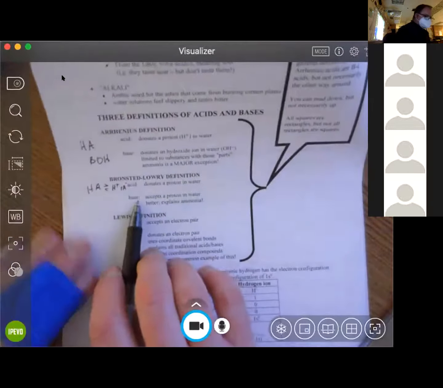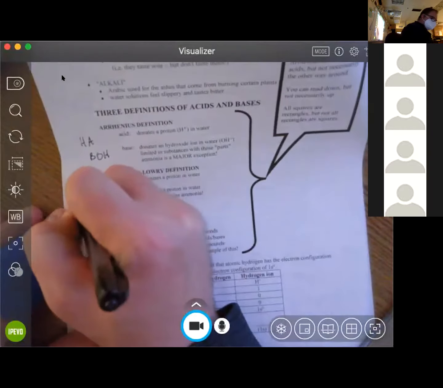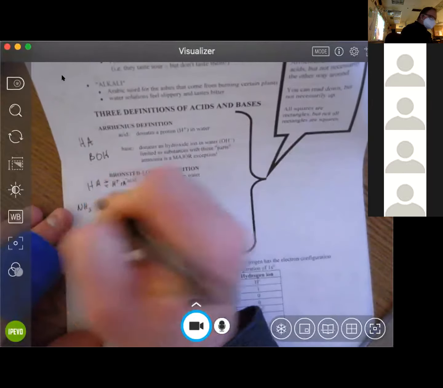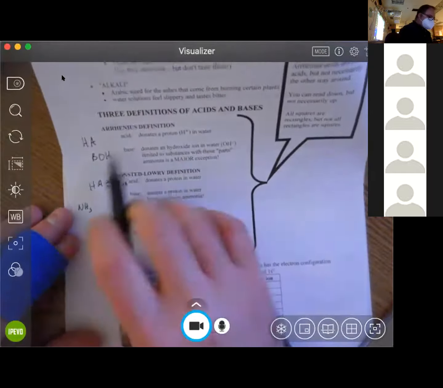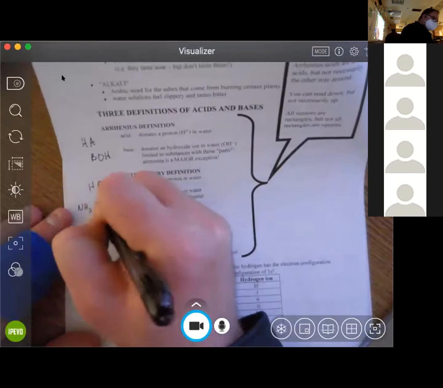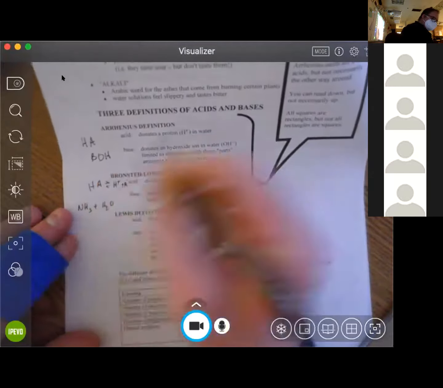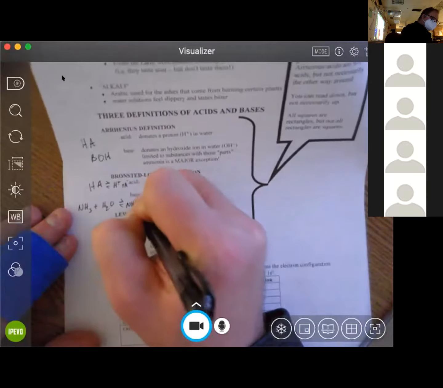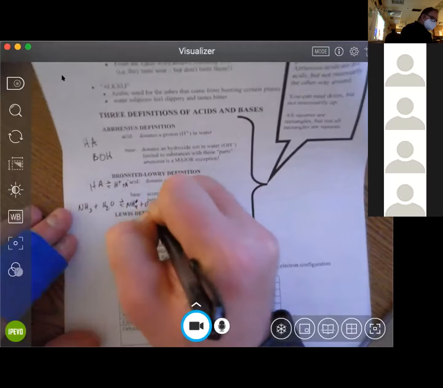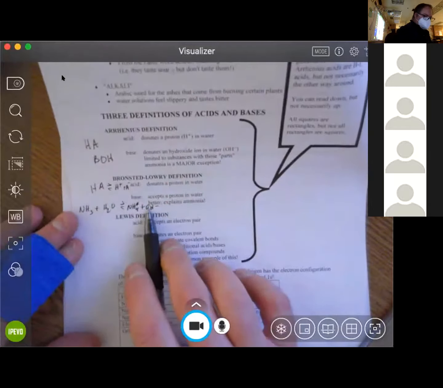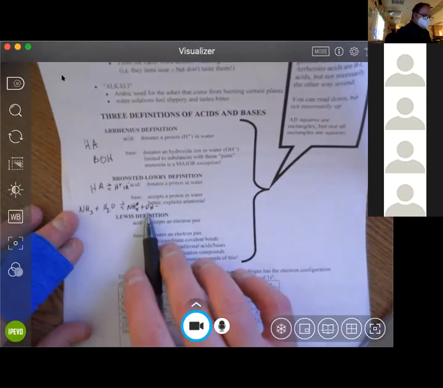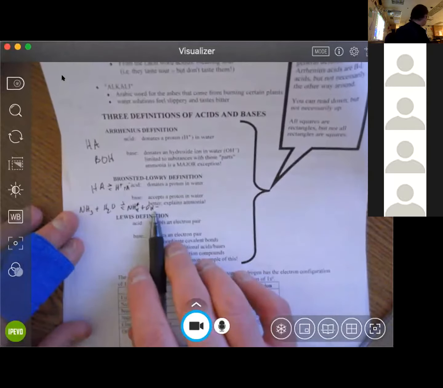But the difference is this: now if we take a look, something like this that does not have hydroxide in it at all can react with H2O and become NH4+ plus OH-. So by accepting this proton from water, it was able to create hydroxide.